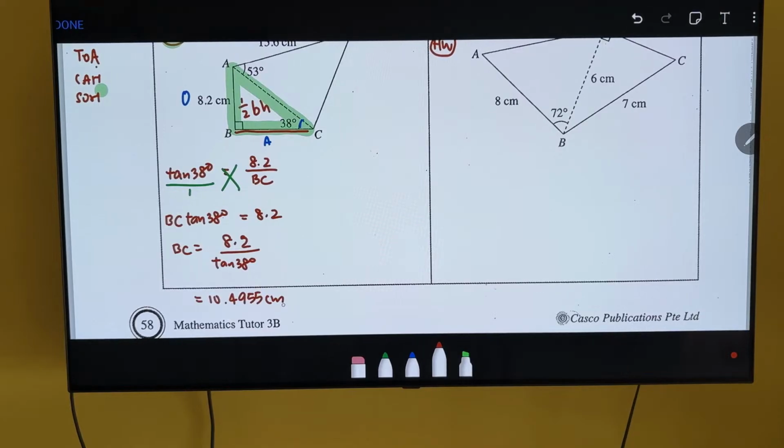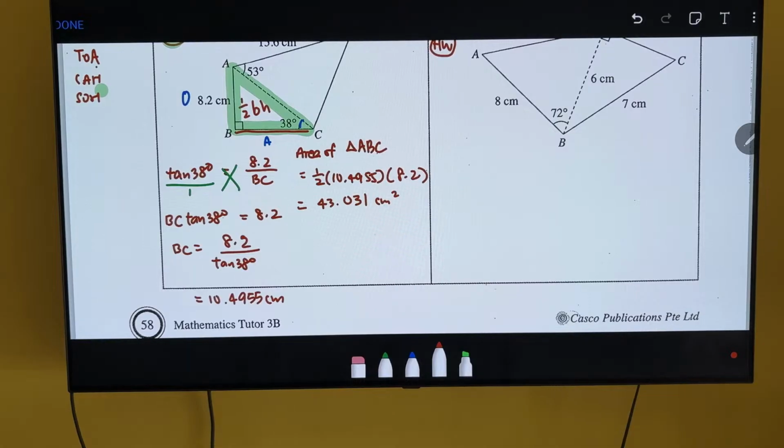from here we can find the area of triangle ABC. Okay, and I truncate at 5SF.